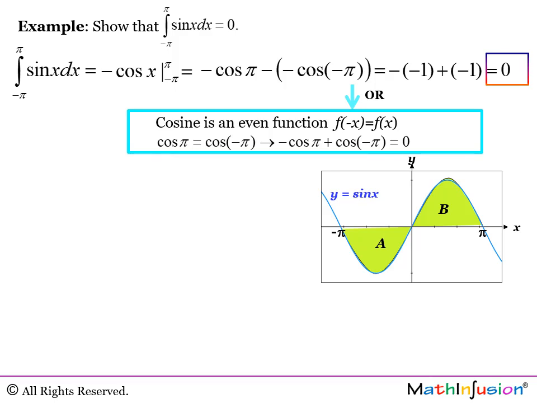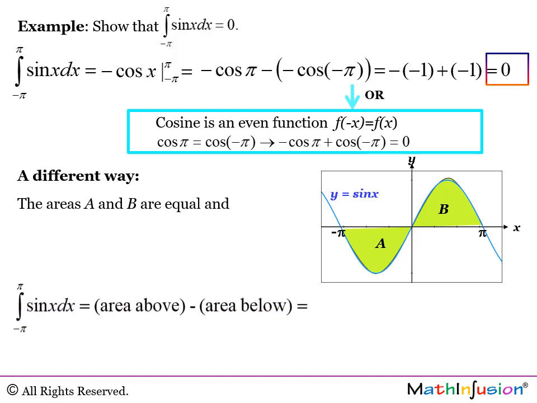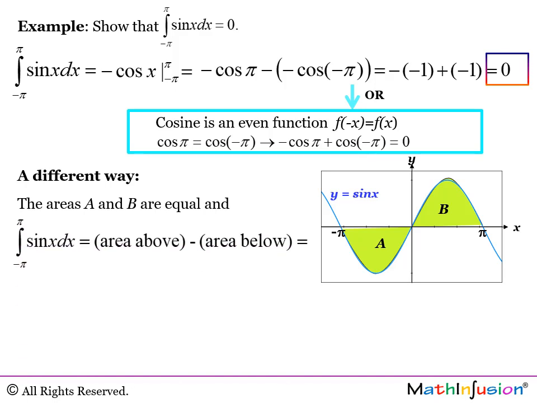In this case, the definite integral of sine x between negative pi and pi is the area B minus the area A, because it's the area above the x-axis, which is B, minus the area under the x-axis, which is A. And as you can see, the area A equals area B. And because of that, we get that B minus A is 0.